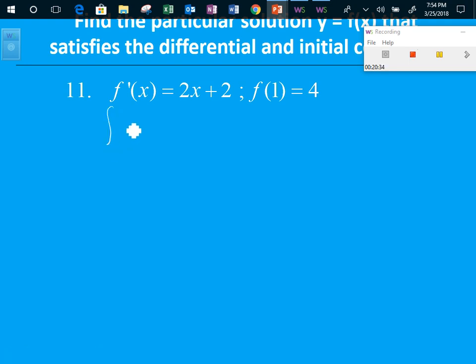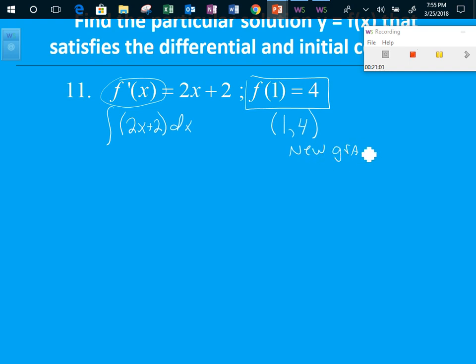I'm going to find the antiderivative of 2x plus 2 dx, just like we did. Now the notation changes a little bit because I'm going to go from f prime of x to f of x. Now, this f of 1 equal 4 means that the ordered pair 1, 4 is on my new graph.